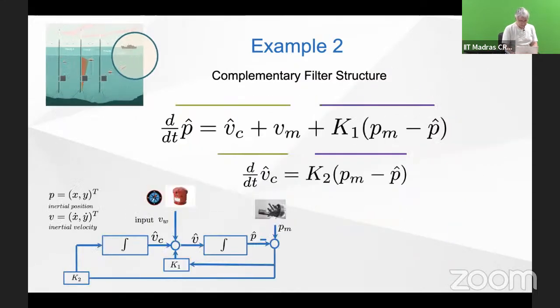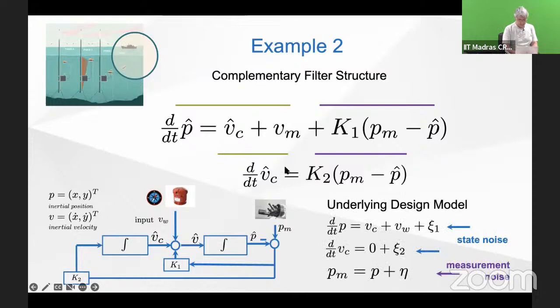Now, when you look at this, this is the way you implement your filter. And we have seen similar equations like before. And what's the underlying design model? Well, the derivative of the position is the velocity with respect to the water plus the velocity of the current, which I don't know.